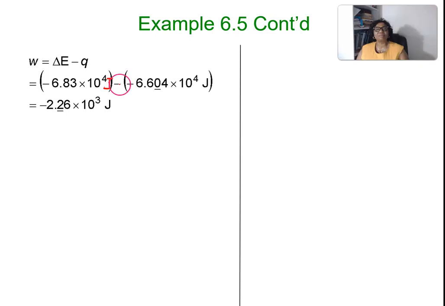Then minus the amount of heat absorbed. And this is our W in joules: 2.26 times 10 to the 3 joules.